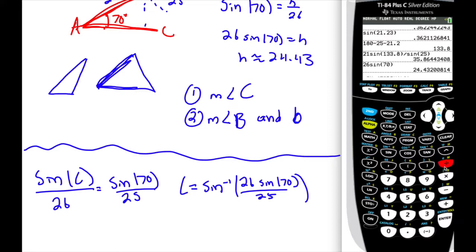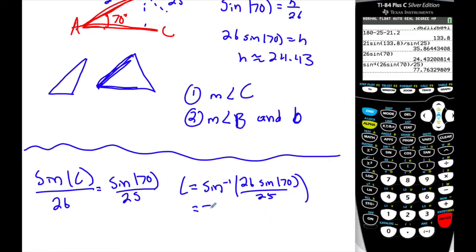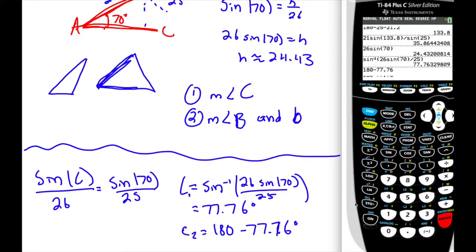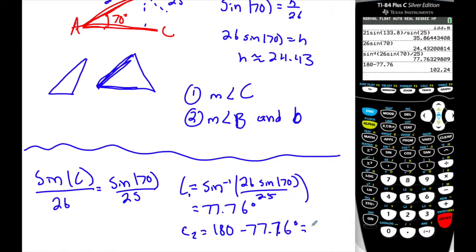70, close out, divide by 25, close out. So what I get is 77.76 degrees. That's C1, so I'll call this C1. C2 is 180 minus 77.76. And again, if you don't know why I did the 180, go back to my last example where I show you the isosceles triangle.